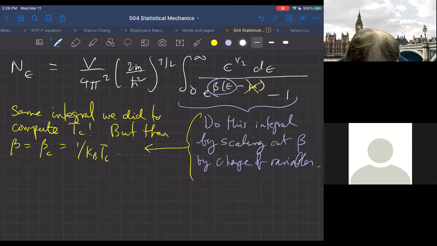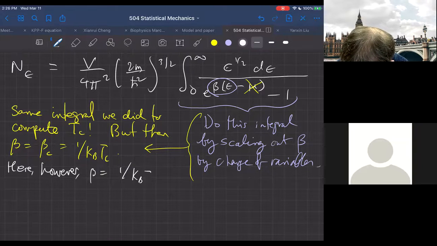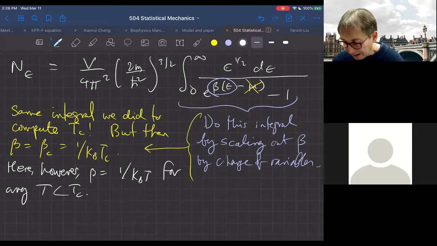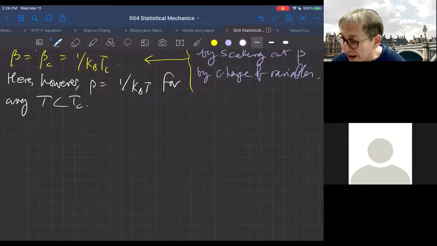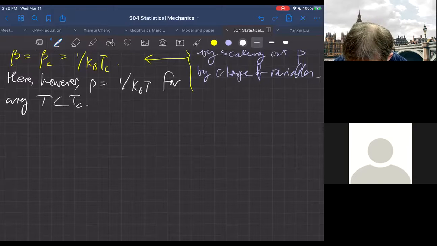Here, what we have is that beta is just 1 over k_B T for any temperature less than Tc. So we already know what this integral is, and we can simply read off our results from before.